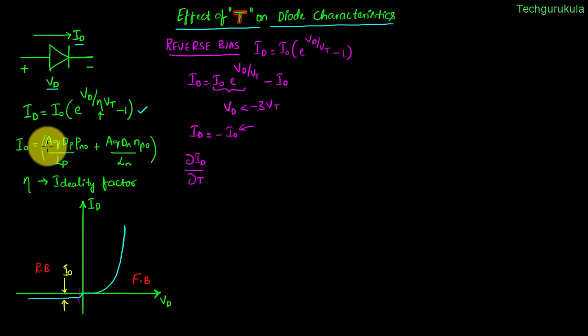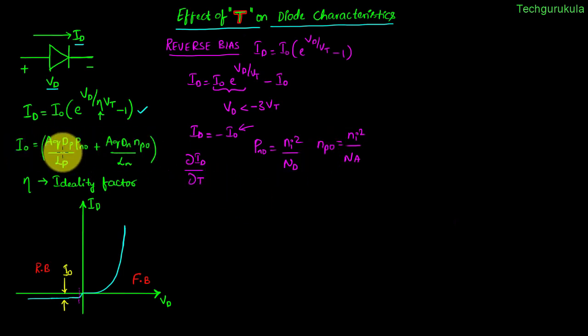As we know from here, I0 is given by this expression, where Pn0 is given by Ni square over Nd, because Pn0 is the minority carrier concentration on the N side, and Nd is the doping concentration on the N side. And Np0, the minority carrier concentration on the P side, is given by Ni square over Na, where Na is the acceptor concentration on the P side.